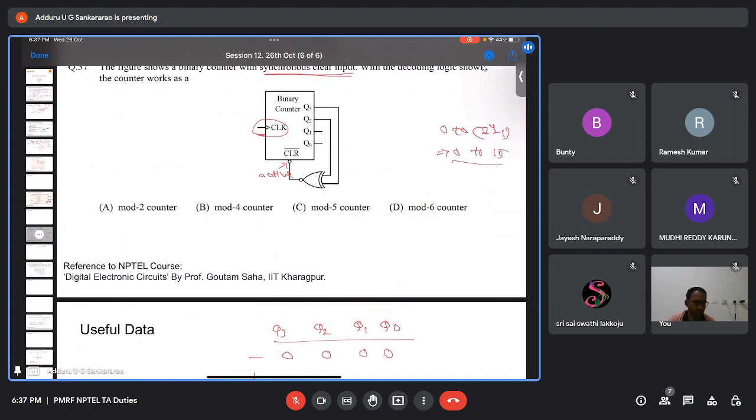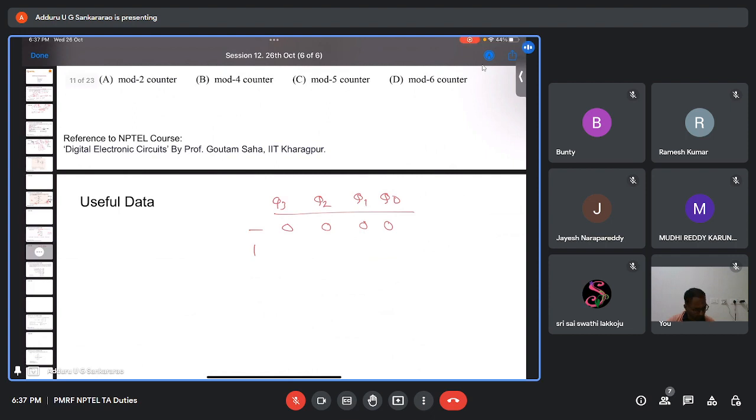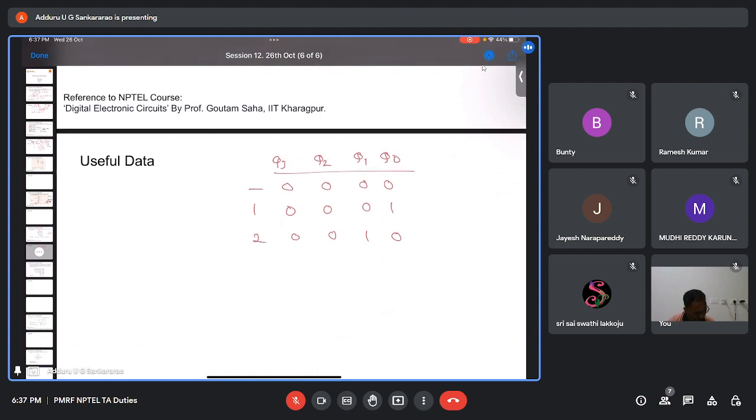So binary counter means 0, 1, 2, it will follow that order. When you apply the first clock pulse, it will become this one. When you apply the second clock pulse, it will become this one, like this. When you apply the third clock pulse, this one.